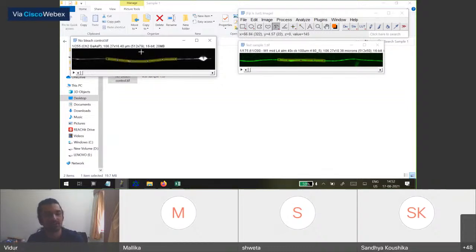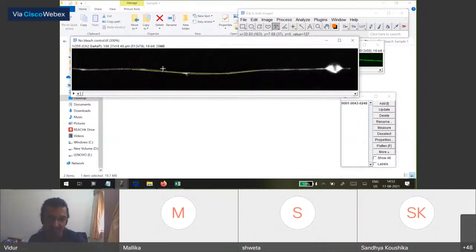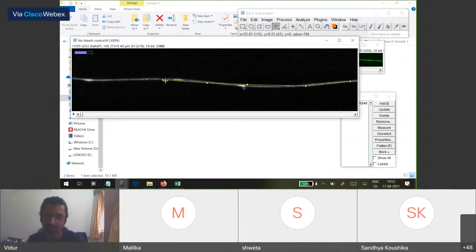So it's something like this. Generally what we do is use plus. If you press the plus button, you can zoom into an image. And what you do is just click on particular regions of the neuron or whatever regions you want and select this region.